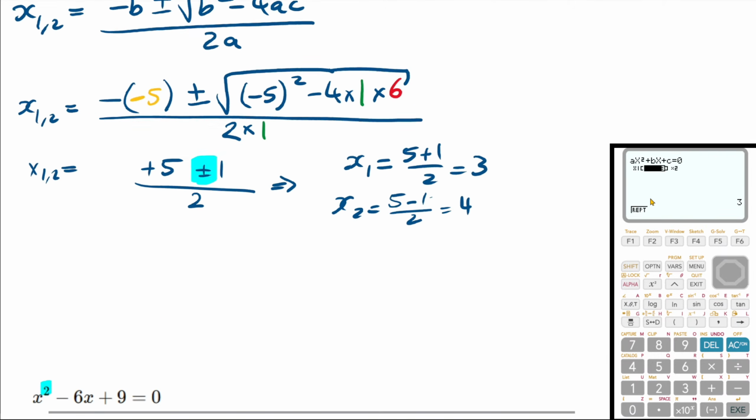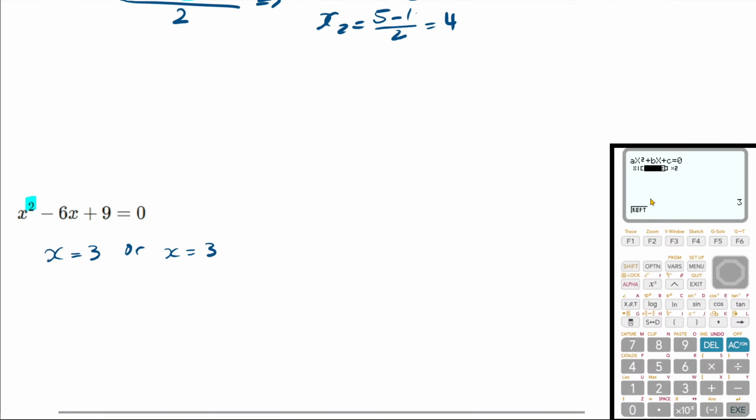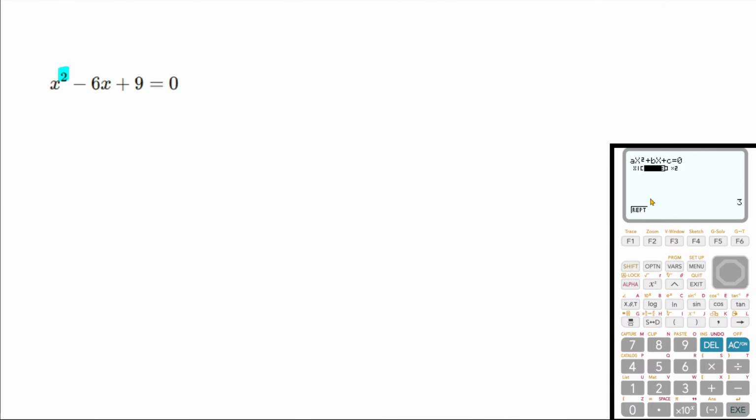Now, this is how we use the quadratic formula, but what we actually want to do for these questions is find the discriminant. So let's have a quick chat about what the discriminant is. The way that we deal with the discriminant is by simply looking at a graph. That's the easiest way to look at it.